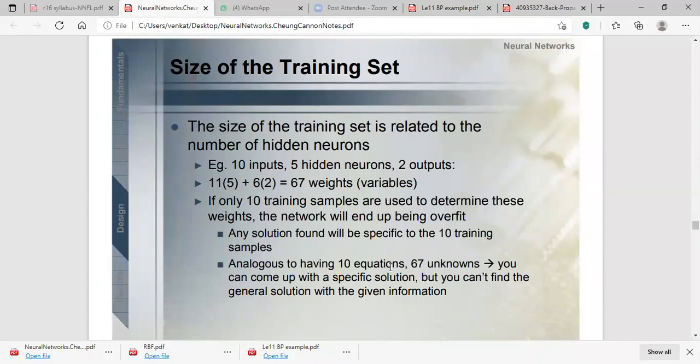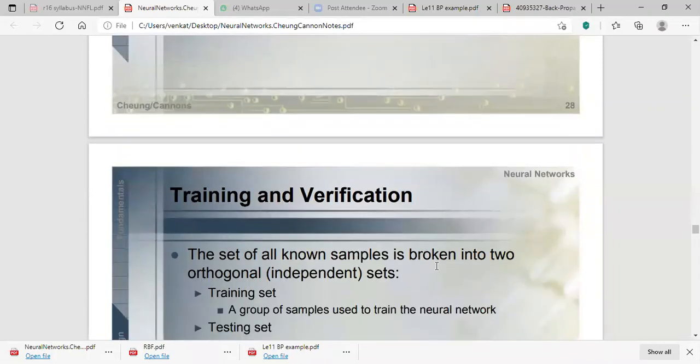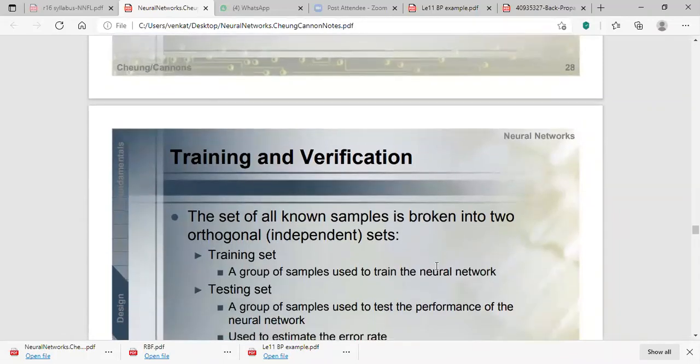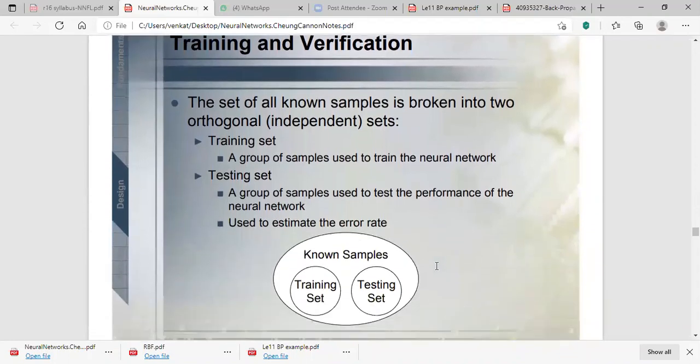So if you have 67 unknowns, the weights, we should come up with some solution. You cannot find the general solution for the given information. So definitely all known samples are split up into training set and testing set.